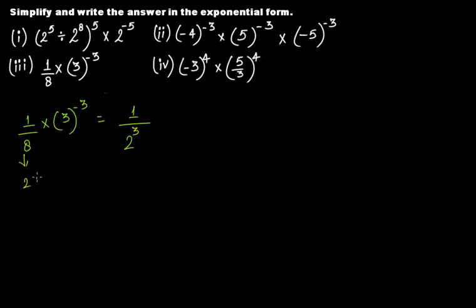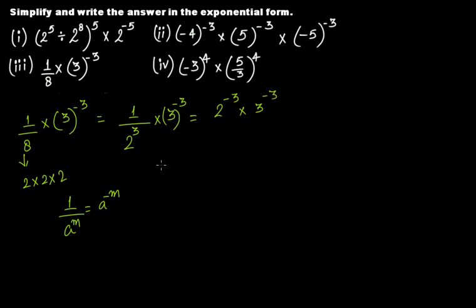Because 8 is 2 multiplied by 2 multiplied by 2, and this is multiplied by 3 raised to the power of minus 3, right? Okay, now this is 1 by a raised to the power of n, and that is actually equal to a raised to the power of minus n. So this is 2 raised to the power of minus 3, right? And multiplied by 3 raised to the power of minus 3.